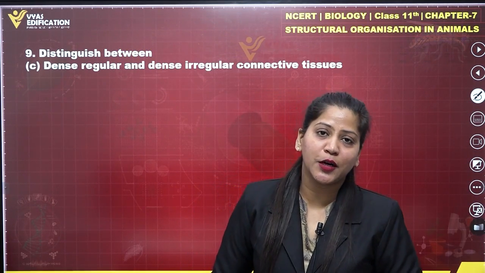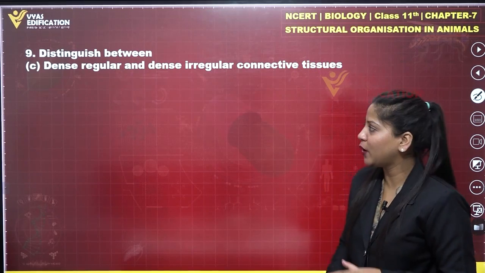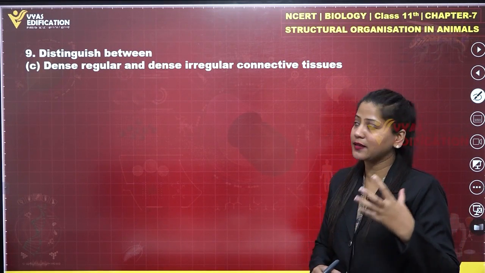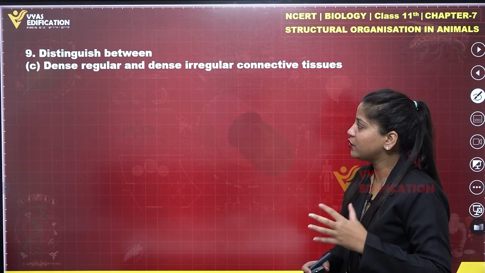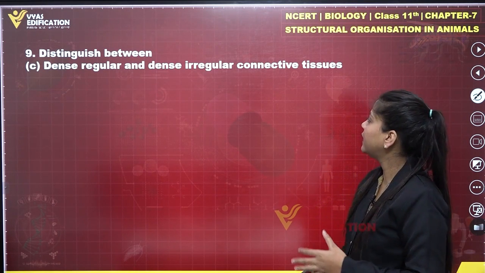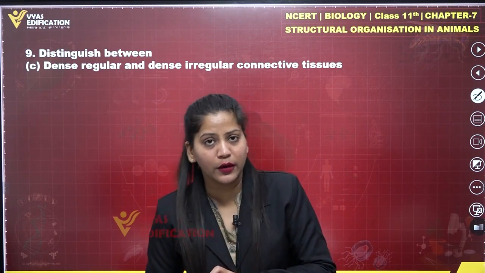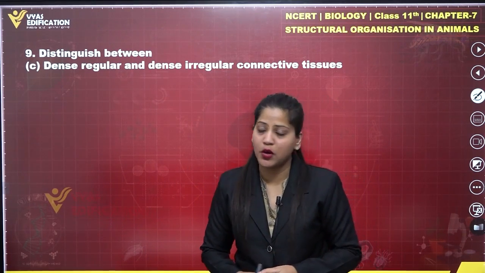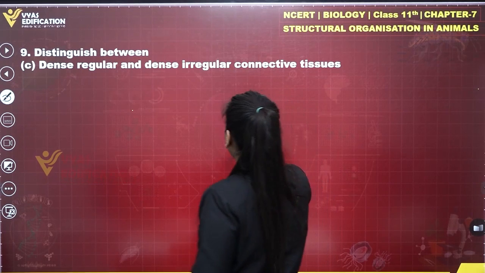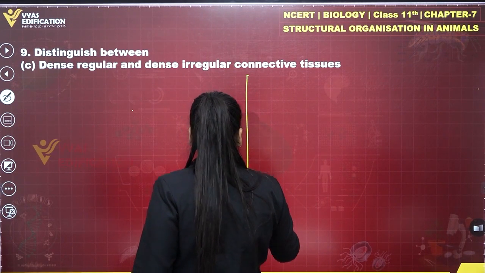Now let's move on to the third part of the same question. The third part of question number 9 asks us to distinguish between dense regular and dense irregular connective tissue. Now let's write answer C of 9.